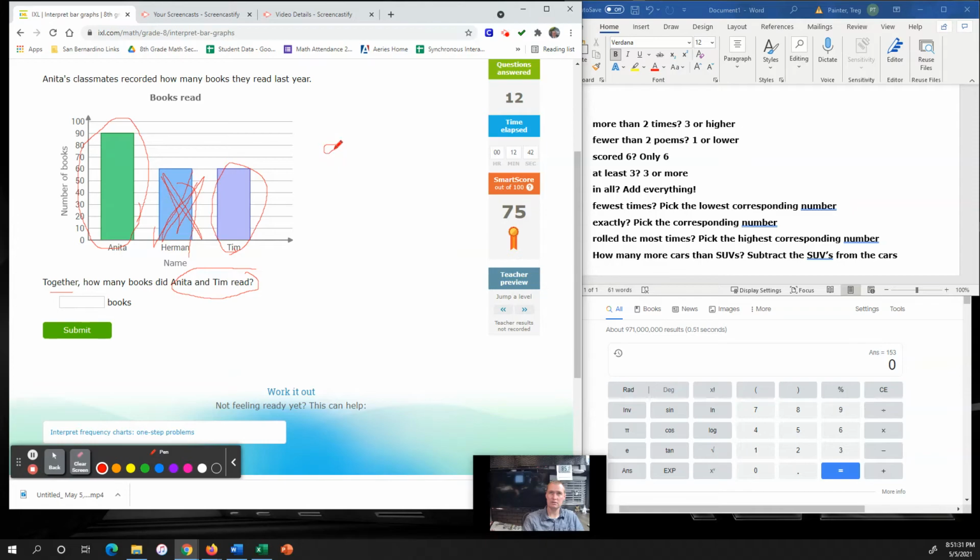Anita's at 90 and Tim is at 60. So 90 plus 60 takes us to, we got a 0 here, and 9 plus 6 is 15, so 150. So we got 150 books.